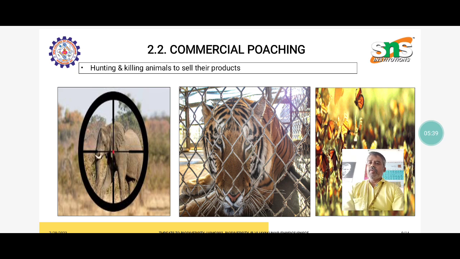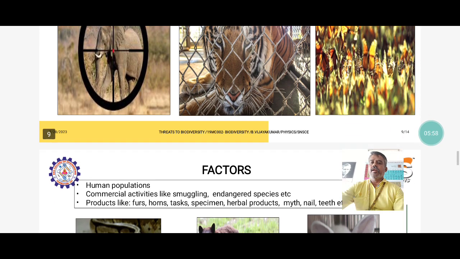Animals are killed or hunted for product improvement and investments, and hunting continues as the products improve. That is commercial poaching. So these are the two types of poaching.